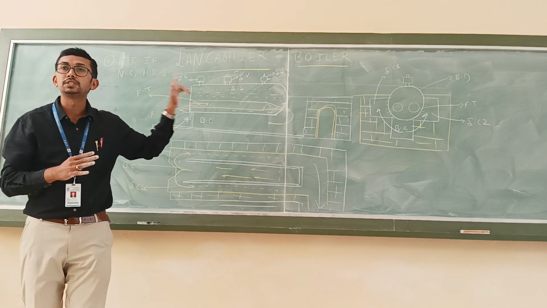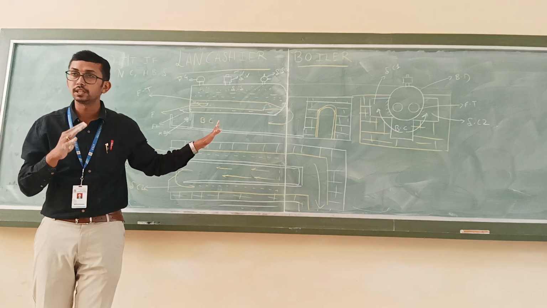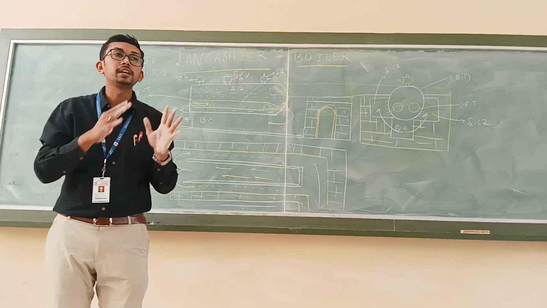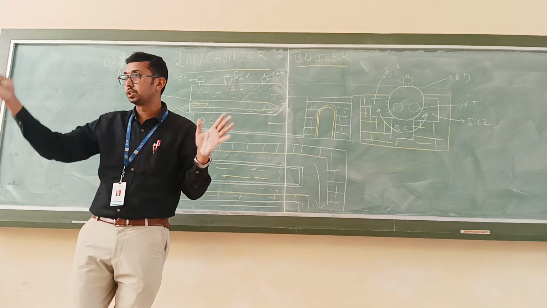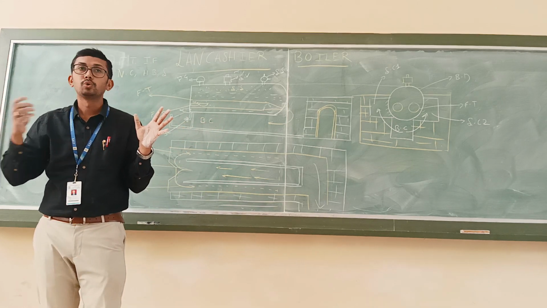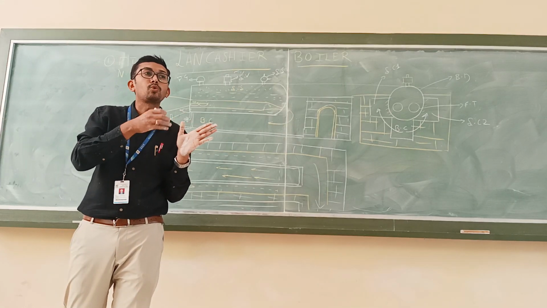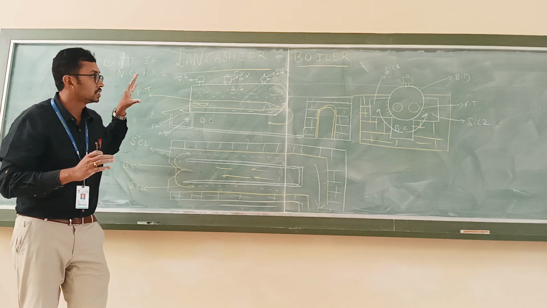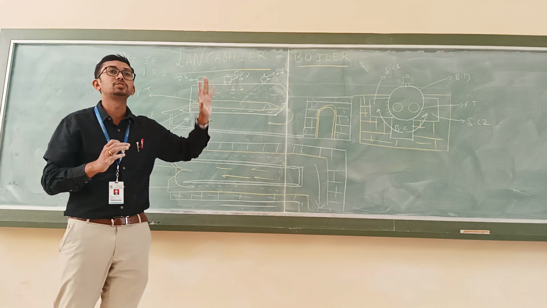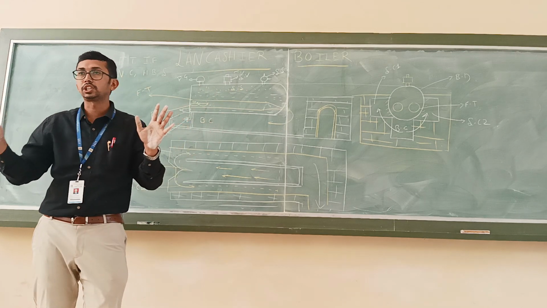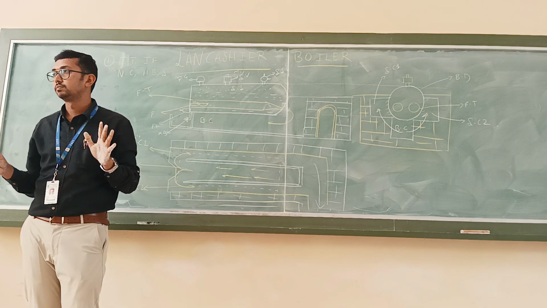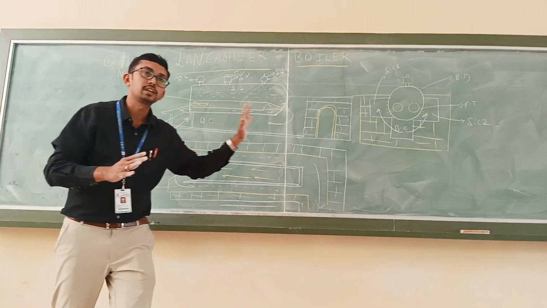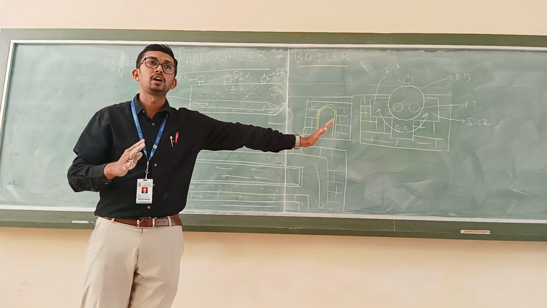That is missing over here. So the Babcock and Wilcox boiler is mainly used in power generation, where we need superior quality of steam, whereas this Lancashire boiler is used in food industries and textile industries. Is it clear? So this is about the working of the Lancashire boiler. I hope you understood.